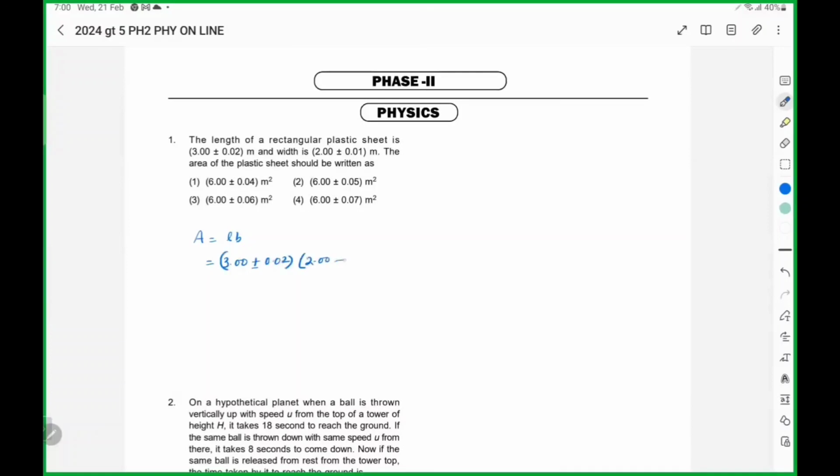Two 2.00 plus 0.01. So here it is 6 plus or minus 0.03 plus or minus 0.04. This is very small, so we neglect it. So the answer is this.